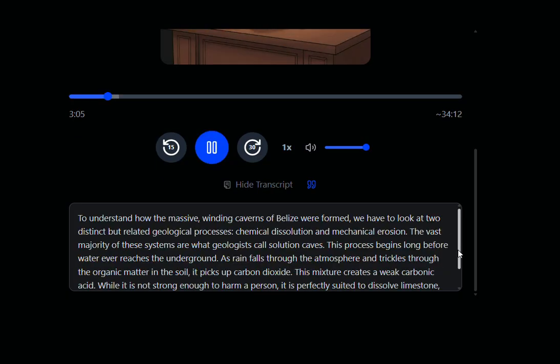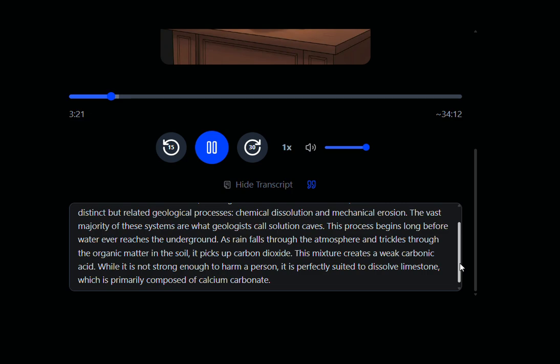To understand how the massive, winding caverns of Belize were formed, we have to look at two distinct but related geological processes: chemical dissolution and mechanical erosion. The vast majority of these systems are what geologists call solution caves. This process begins long before water ever reaches the underground.